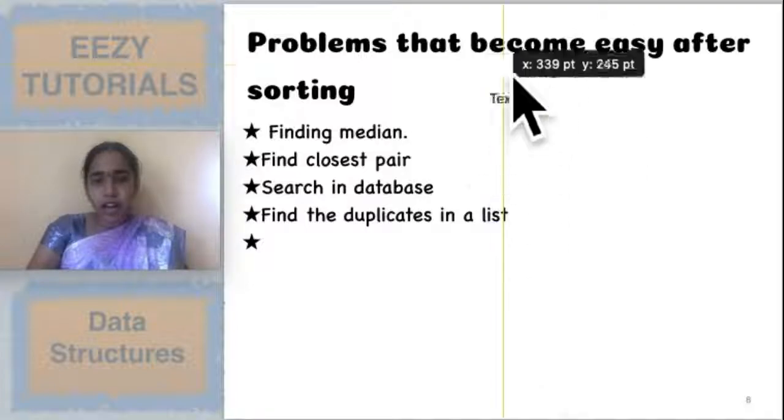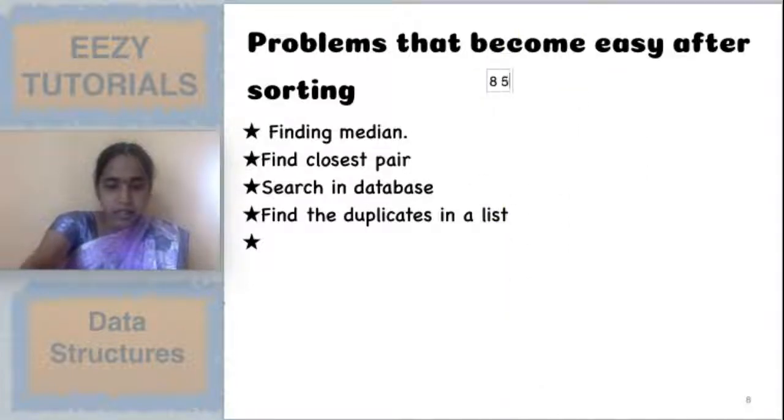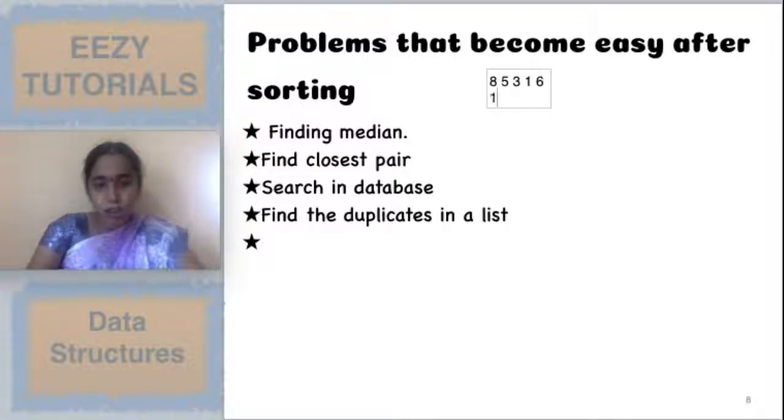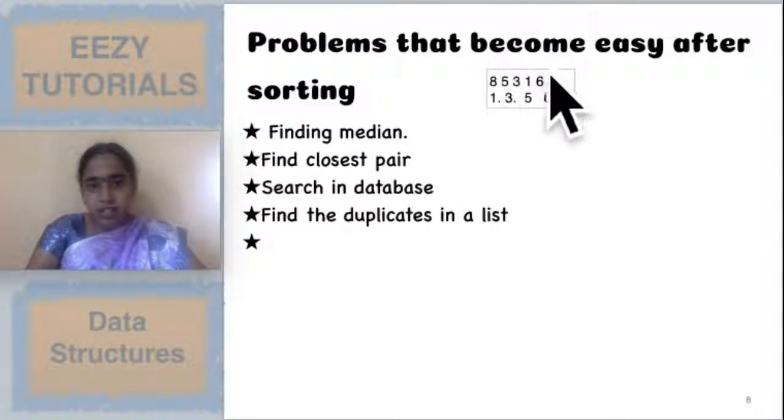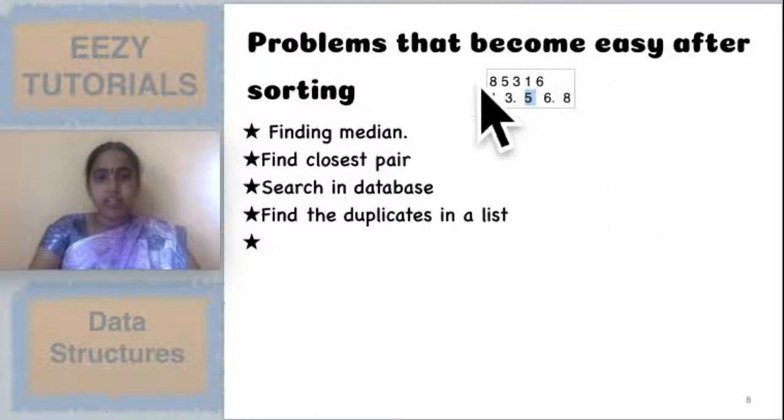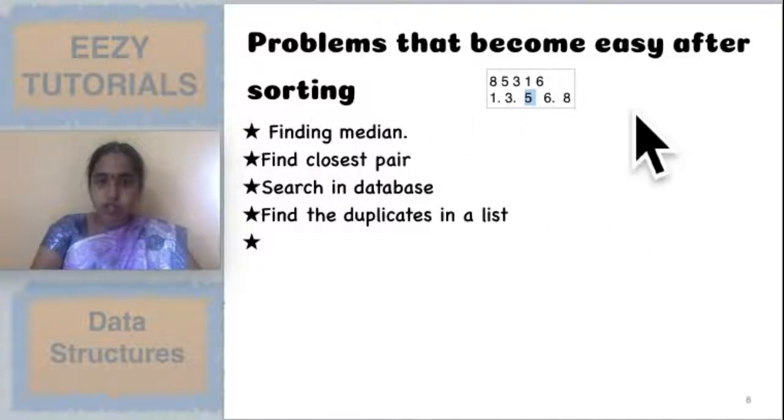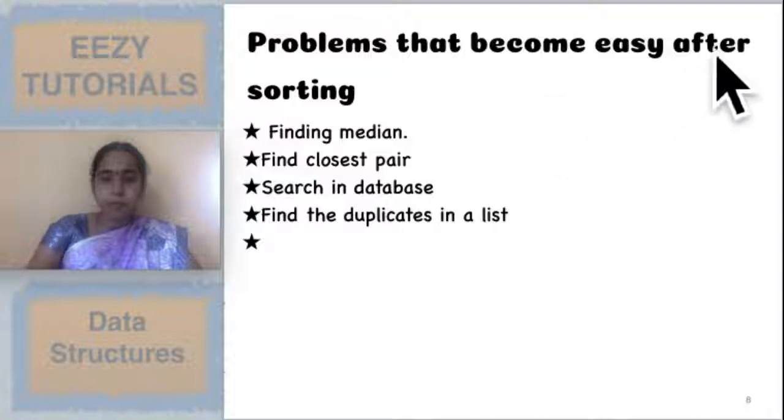For example, you have certain numbers 8, 5, 3, 1, 6. To find the middle element, you have to arrange them in ascending order: 1, 3, 5, 6, 8. Among these, 5 is the median. So if you want to find the median, first you have to sort, and only then find the median. Finding the median is one best example which uses sorting. Without performing sorting, you cannot find the median at all.